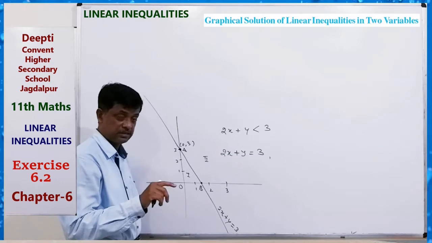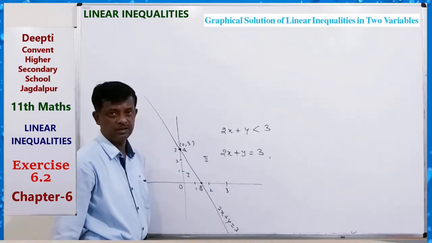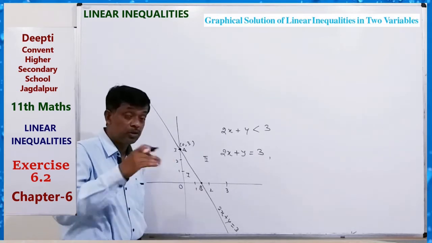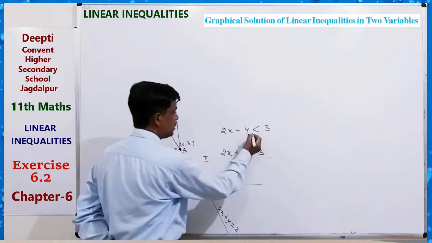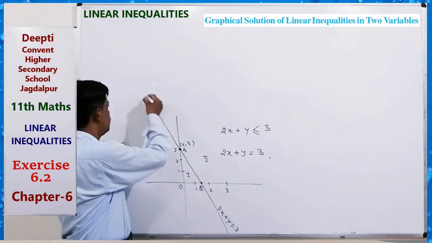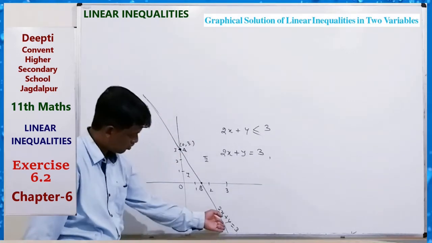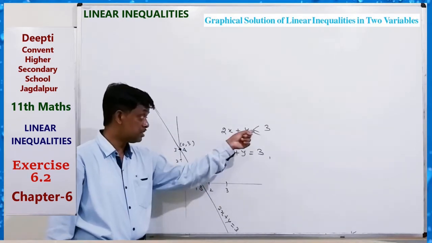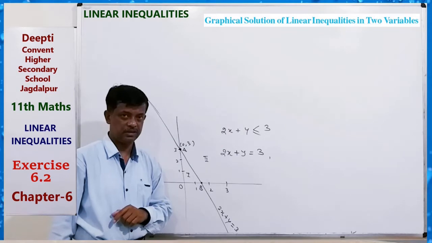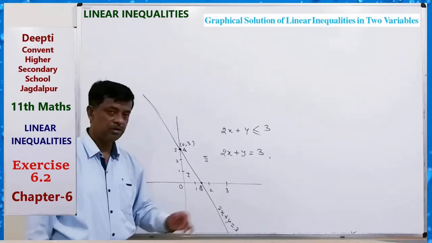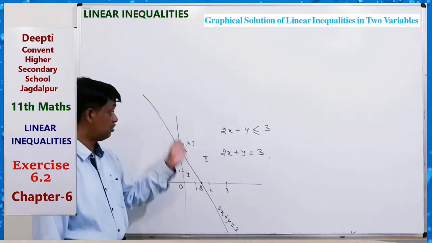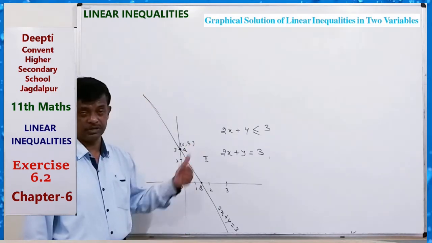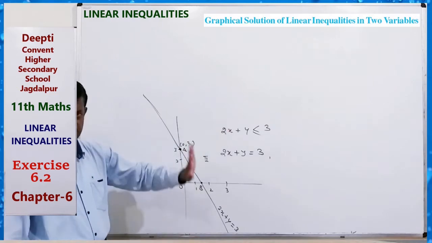So in that case, for strict inequality, we have to draw a dotted line. That is, these points are not included in the solution. If there is an equal sign, then we draw a bold line, because all the points on this line are also solutions of these inequalities. If there is strict inequality, then we draw a dotted line. The points on this line are not part of its solution. So here, less than, suppose, then a dotted line.